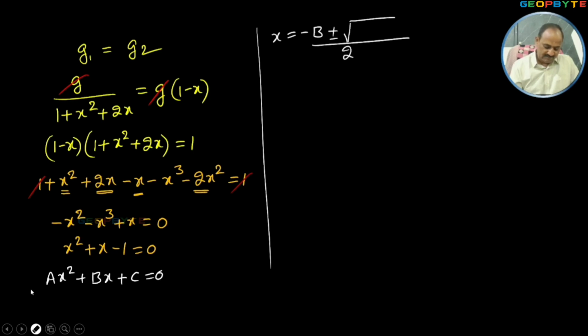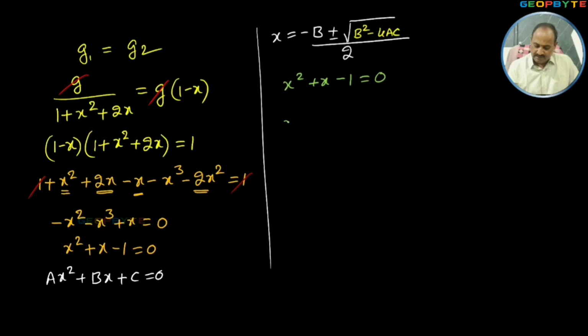Now look at our equation: x square plus x minus 1 is equal to 0.